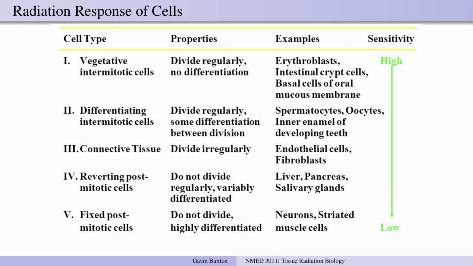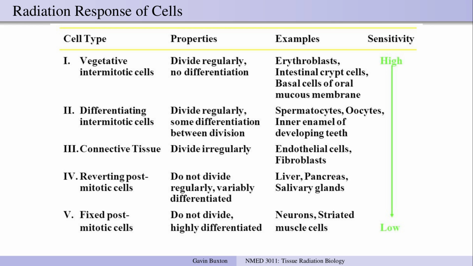And then in the middle, and sometimes this class is missing from these tables if you look at different textbooks, but here we have the multi-potential connective tissue cells that are basically intermediate in their radiosensitivity, and include things like endothelial cells, the cells that might line blood vessels, or fibroblasts, basically the connective tissues.